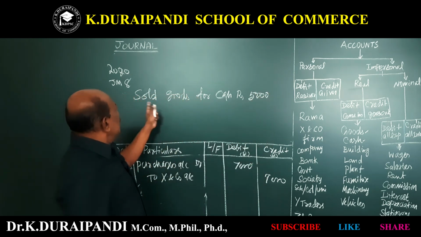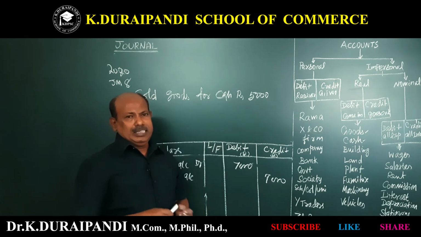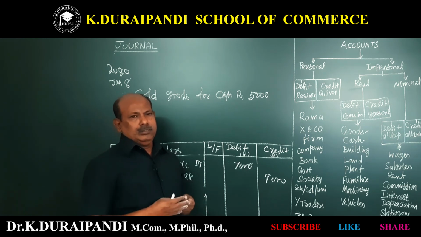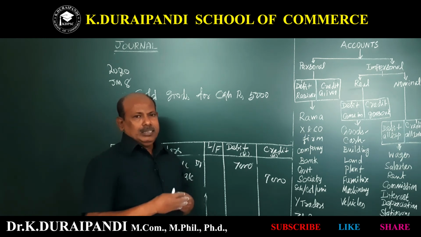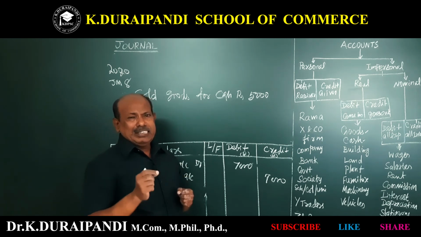Here, sold goods for cash rupees 5,000. That is another transaction. We are selling the goods for cash. So, after getting the cash, we are selling the goods. It is the transaction. How are we going to write a journal?